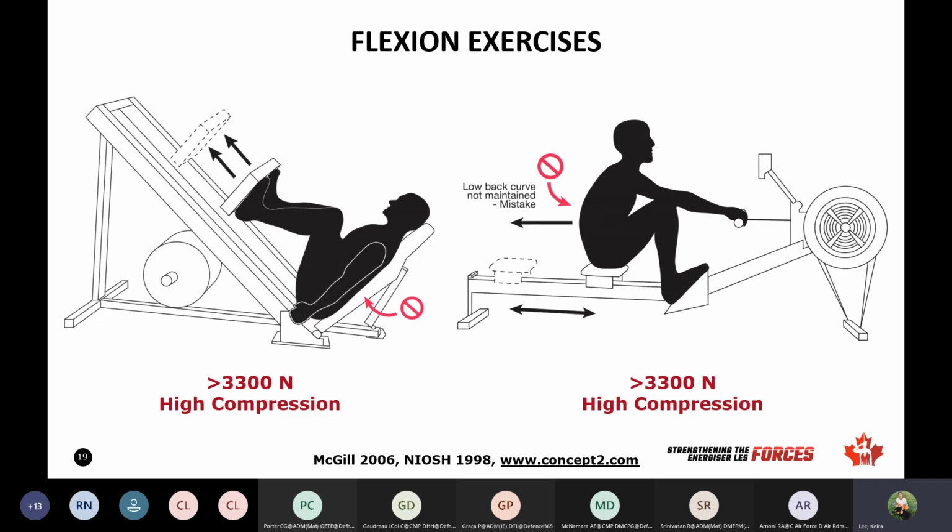So it's really important to learn the appropriate techniques to help with strengthening the back muscles while using a rower instead of weakening the back structures. Concept2.com actually has really great videos and techniques to show how to use a rower so that it's not detrimental to the spine. And again, those fitness instructors are a great resource as well.